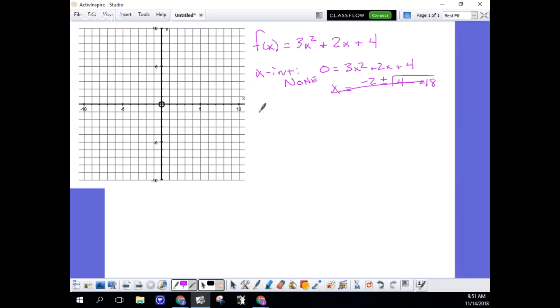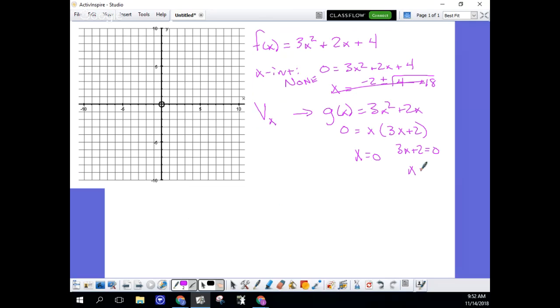Now I'm going to go to my vertex, but Vx is going to come from the sister equation, g of x equals 3x squared plus 2x. So this is going to be kind of ugly, but that's okay. So this is going to be x on the outside and 3x plus 2 on the inside. So x is equal to 0, and 3x plus 2 is equal to 0, because I'm finding x-intercepts.